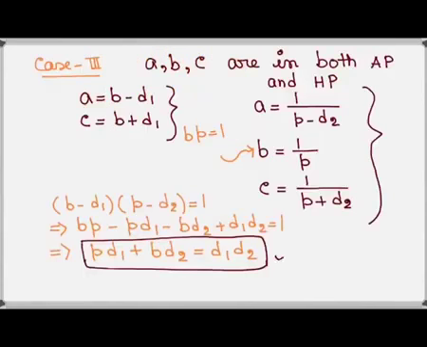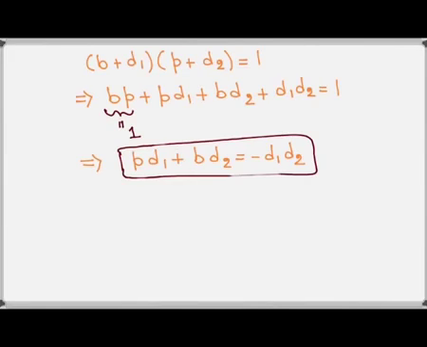Recall that here we obtained PD1 plus BD2 is equal to D1D2, and now we get PD1 plus BD2 is equal to minus D1D2. Therefore, we have D1D2 is equal to minus D1D2. That means D1D2 is equal to 0.